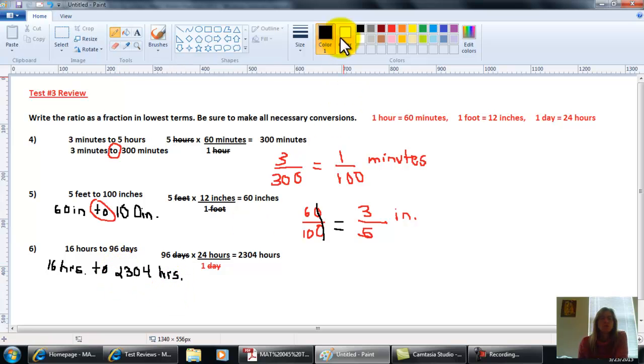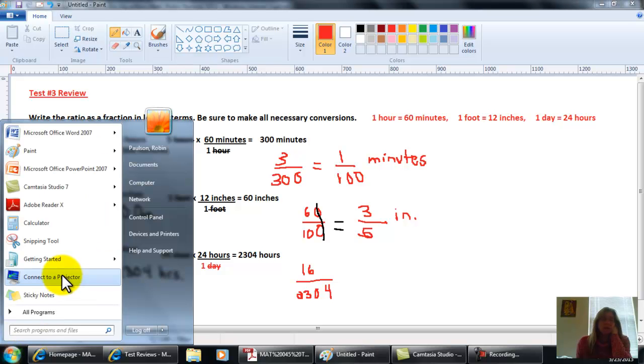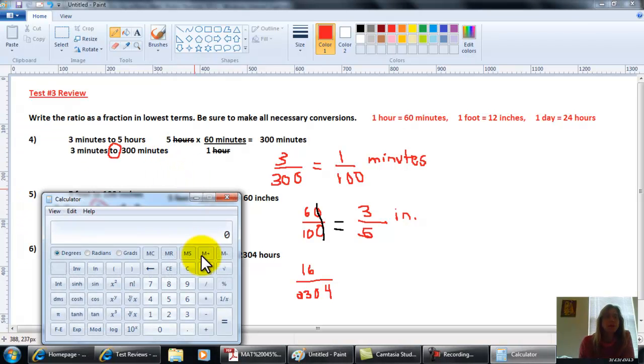So that makes a new ratio of 16 to 2,304. And I'm sure both of these are divisible by 4. But let's try to see if 2,304 is also divisible by 8 or something, because 16 is divisible by 8. Divided by 8 equals 288. It is. I'm going to take it one step further. Is 2,304 divisible by 16?